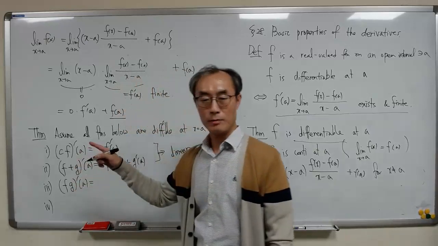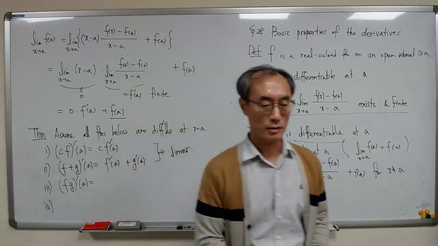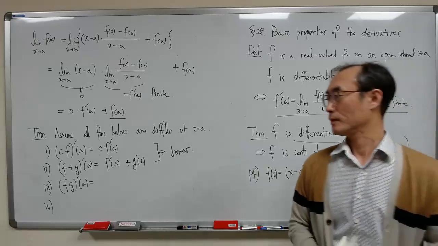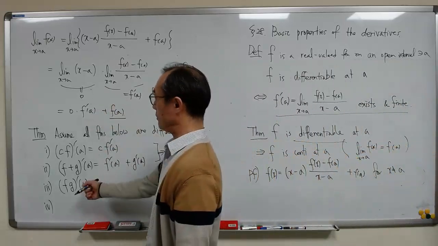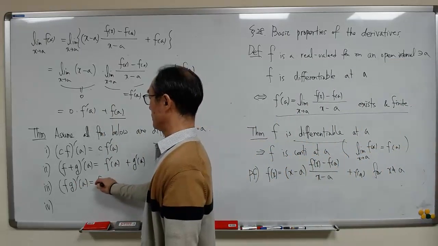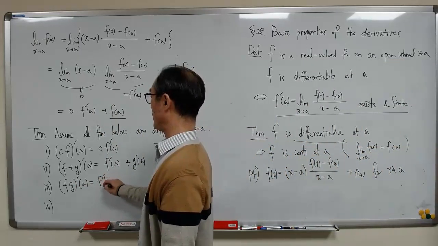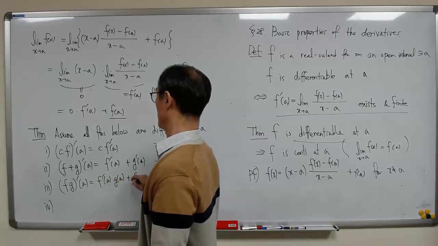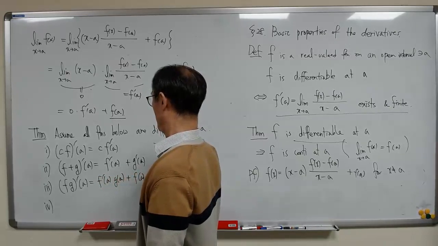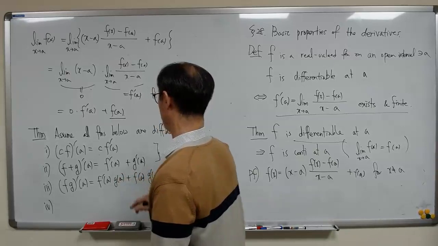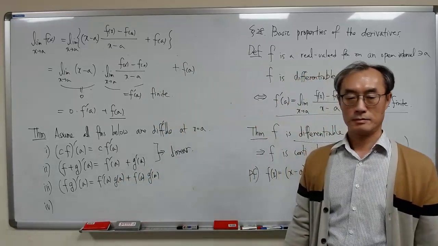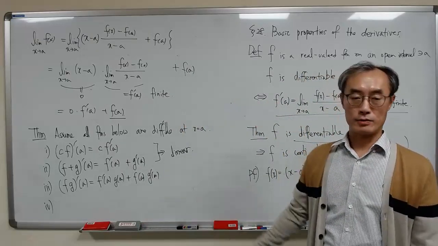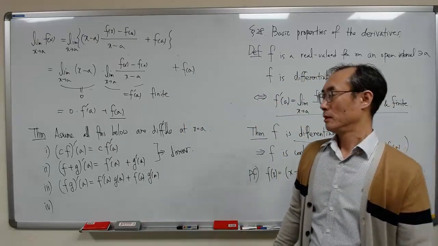The derivative of the product of two functions can be written as f prime of a multiplied by g of a, plus f of a and g prime of a. Okay. That's the Leibniz rule. All right.